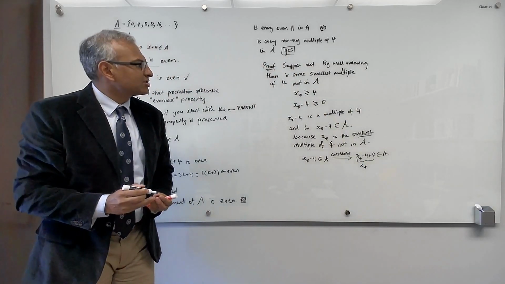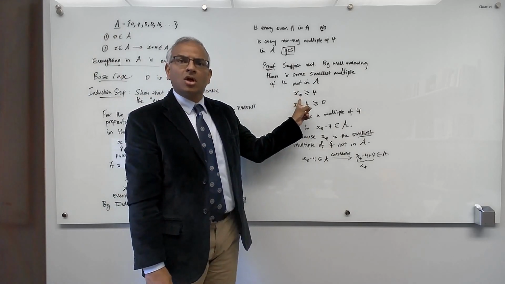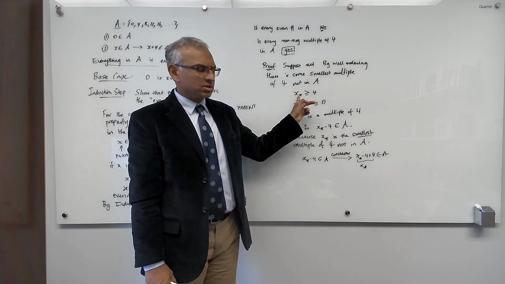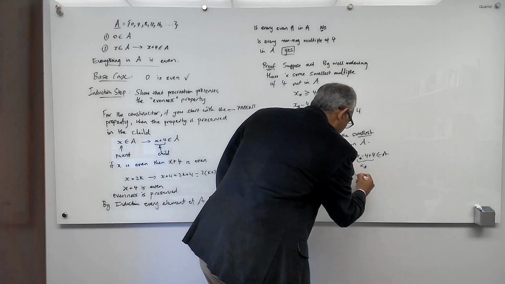And that's a contradiction, because we just saw that x star is the smallest one not in A. How can it be that x star is the smallest one not in A, but then it's also in A? That's fishy.